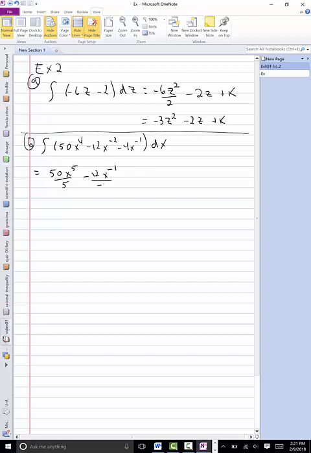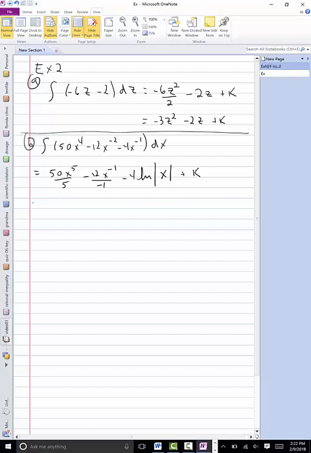But if that exponent is -1, then our antiderivative is going to have the natural log. And because we're going backwards, we have to account for the possibility the number might have been positive or negative. So we have to have absolute value bars there because the natural log is not defined for negative numbers.